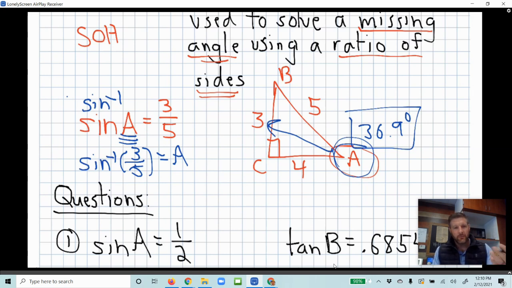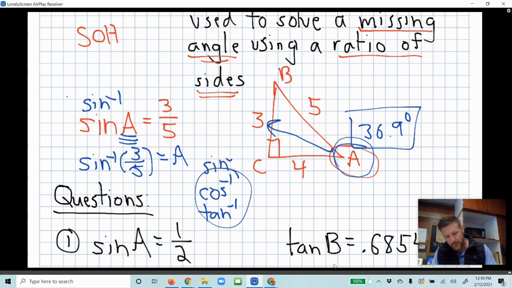And again, I've written inverse sine, but you have the same three. You also have inverse cosine, and you also have inverse tangent, depending on which trig ratio you're using in a particular case. But the key thing to remember is what you use these for, and I'll include sine as well: you're always using these to find the angle.